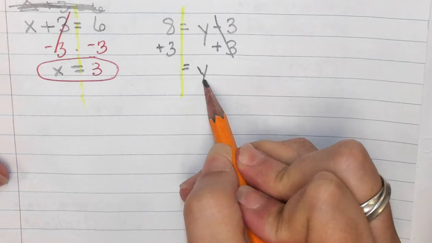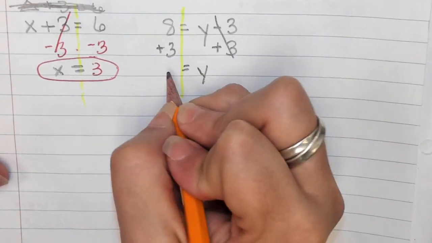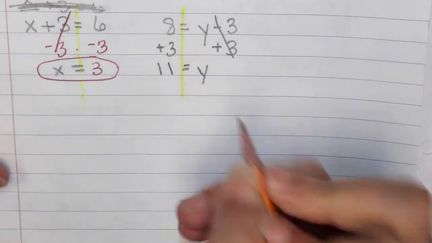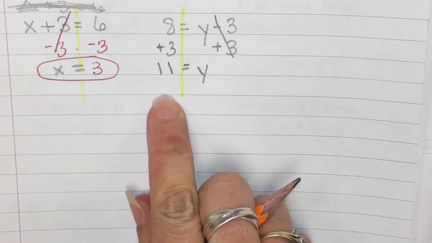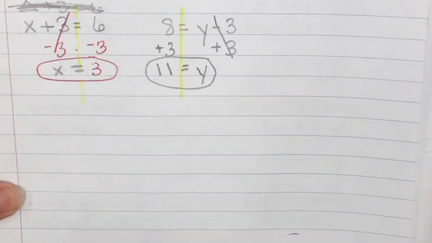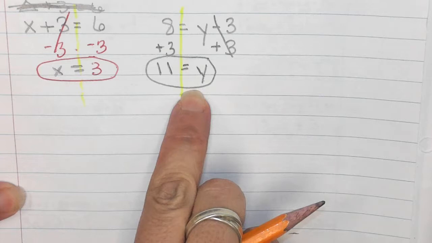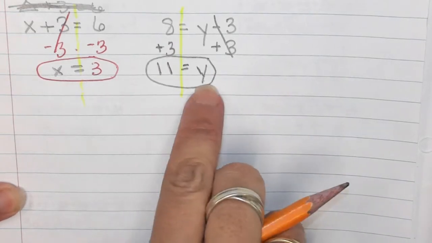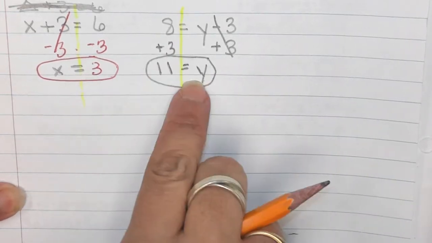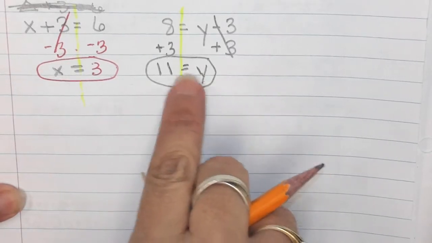Leaves me with a y on this side, and 8 plus 3 is 11. Listen, that is solving. You solve for x. You solve for y. That is the answer. Y equals 11.